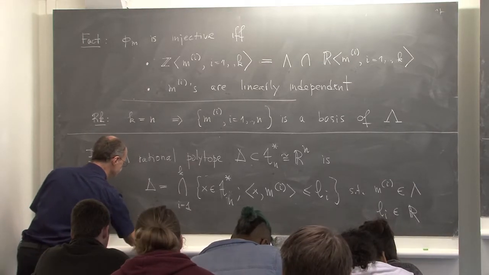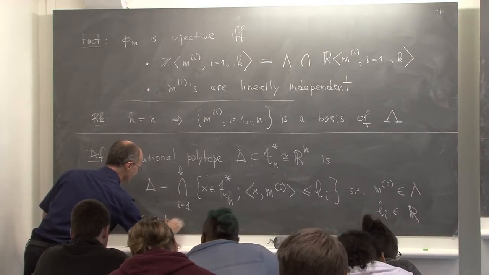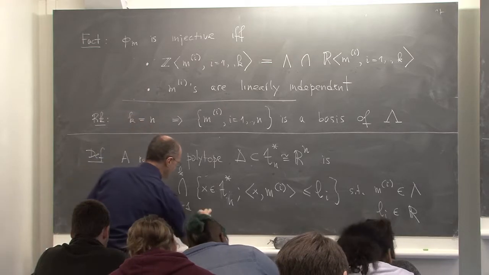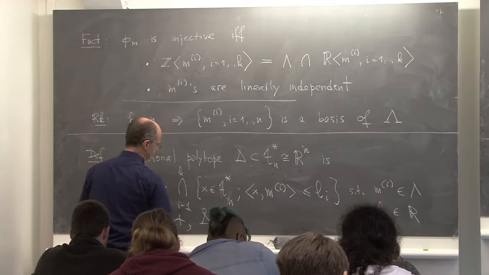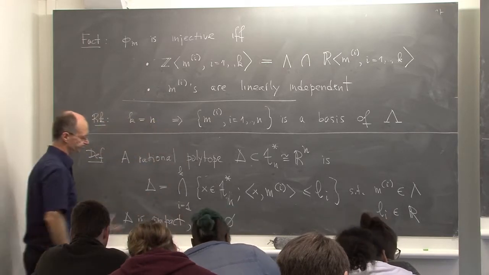Delta is compact, and its interior is non-empty.